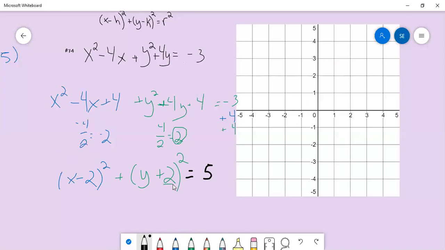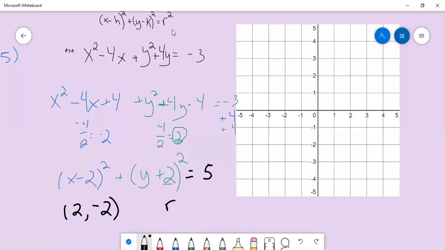Now we have something that looks like our circle formula: x minus something squared plus y minus something squared equals r squared. So now if we take a look at this, our center, our h component, is going to be 2, and our y component is going to be -2. So y minus -2 becomes y plus 2.